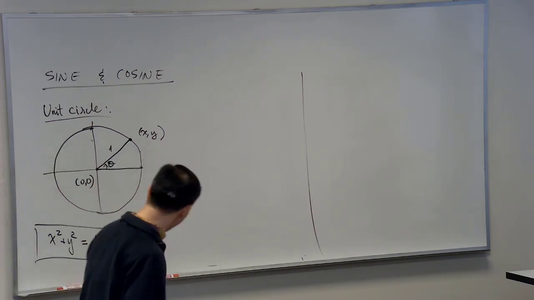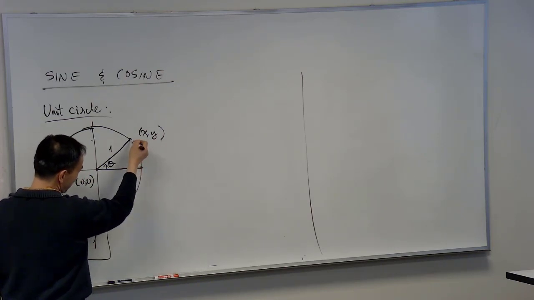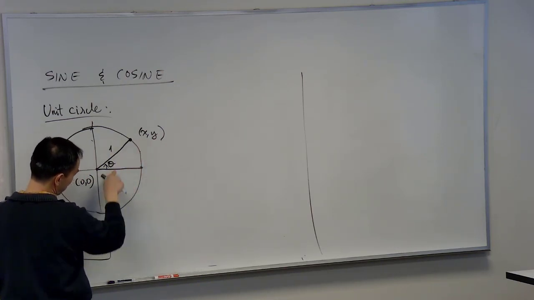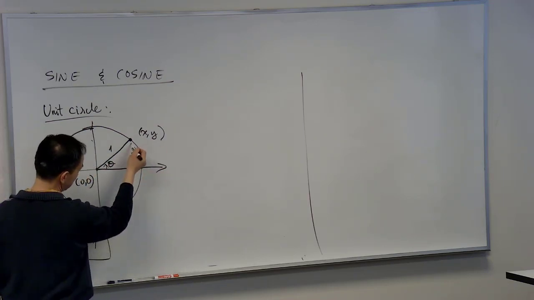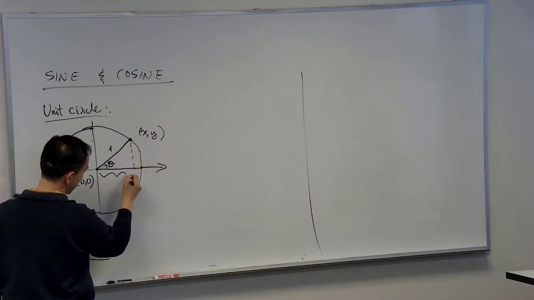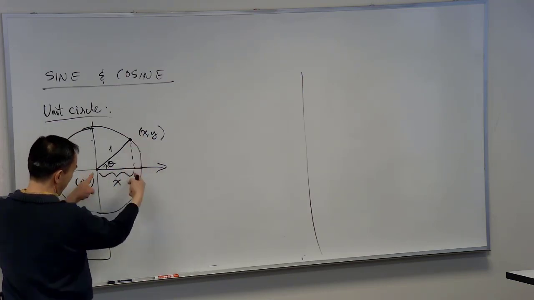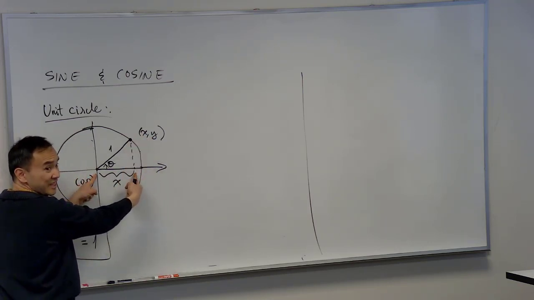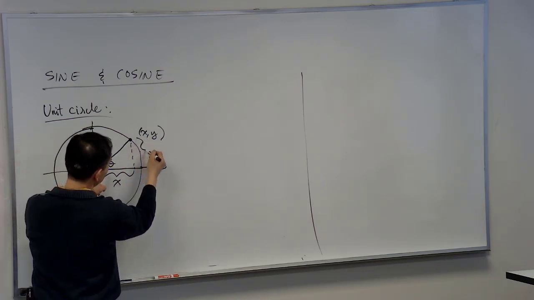Okay. So now here's what we define. From that terminal point, the angle is indicating how much opening up from the positive x-axis. The x-coordinate on that terminal point refers to how much distance here. You guys agree? And then the y-coordinate refers to how much distance here.